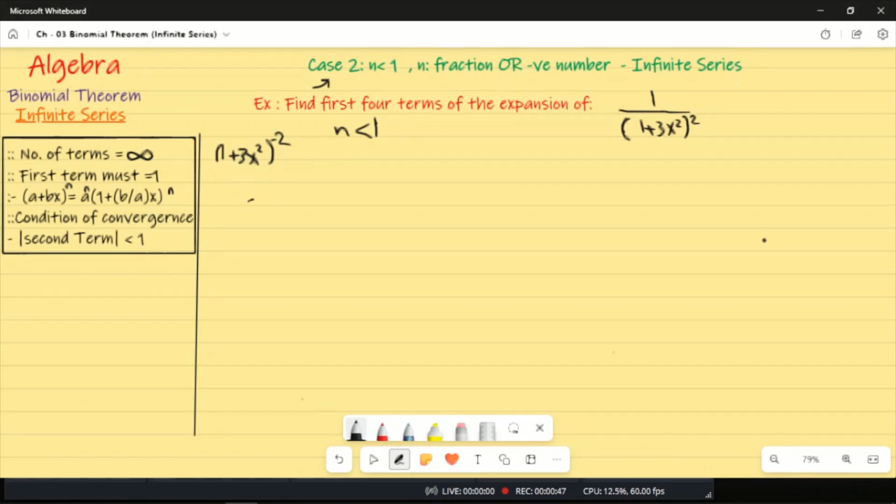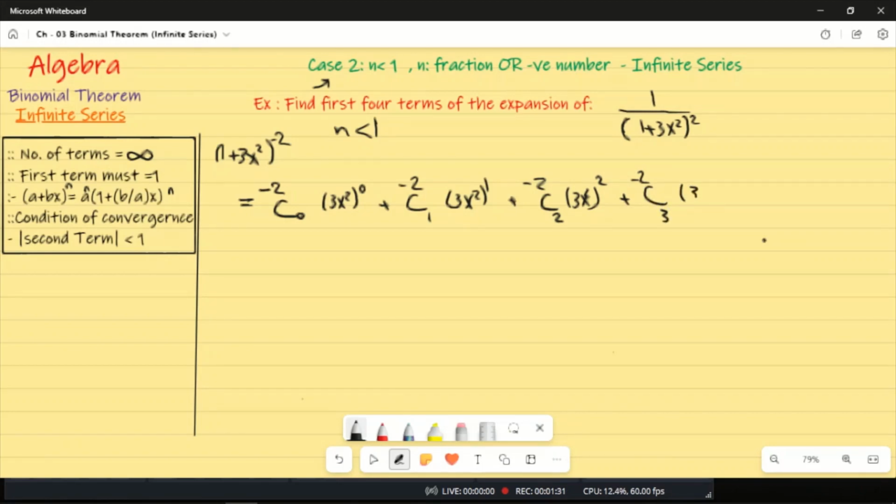This will be equal to, we have n equal to negative 2, so negative 2 combination 0, 3x squared power 0, plus negative 2 combination 1, 3x squared power 1, plus negative 2 combination 2, 3x squared power 2, plus negative 2 combination 3, 3x squared power 3, plus the rest of the infinite expansion.